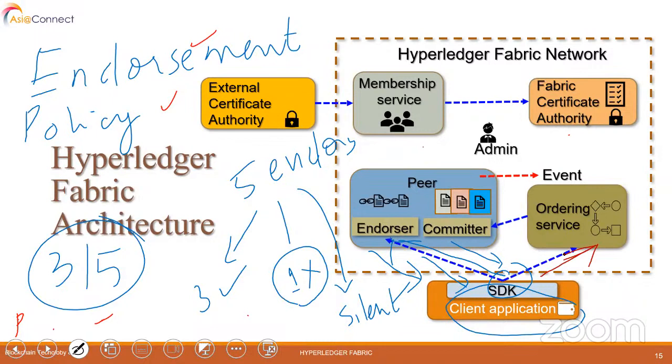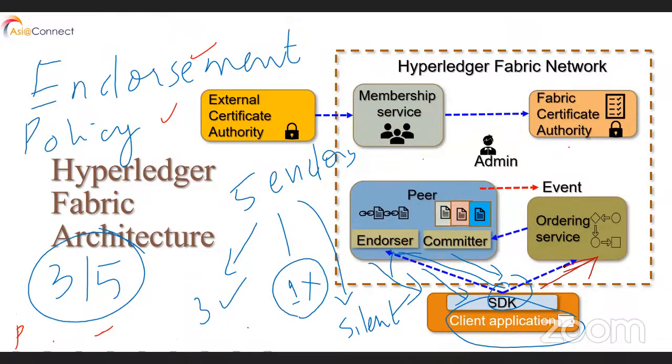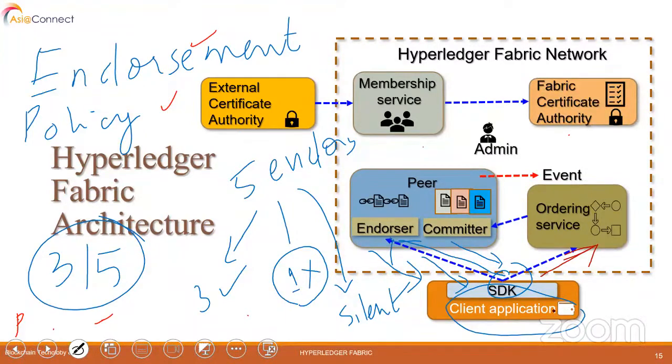That means it has passed through the endorsement policy, and therefore the transaction can be put in the block, in the blockchain, in the ledger. Is that clear to you? So 3 out of 5 is the required endorsement policy for this proposal.